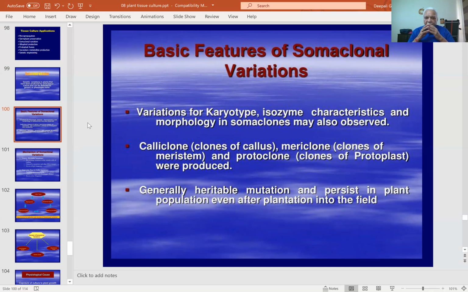And then generally heritable mutations, and they persist in the plant population even after plantation into the field.